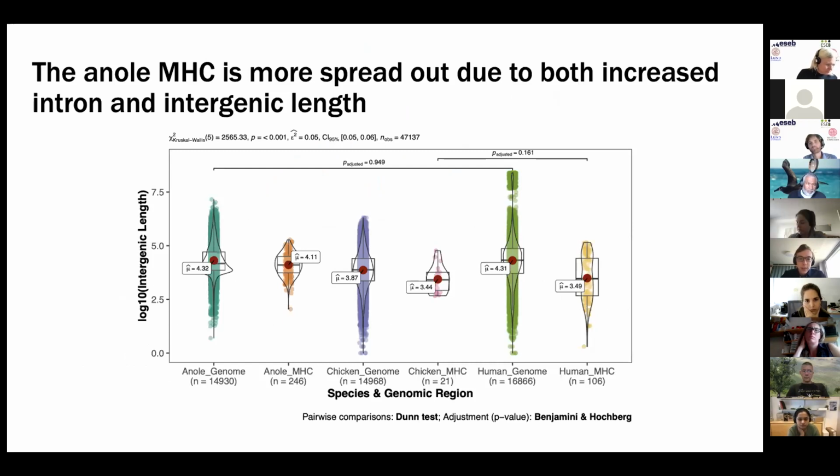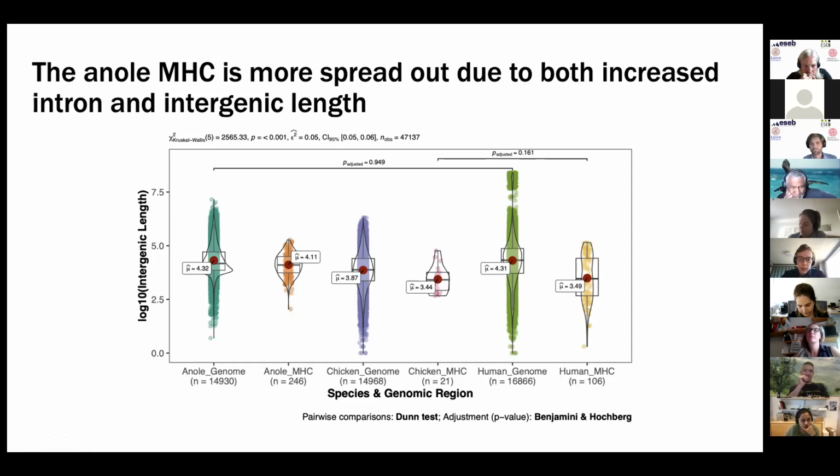This violin and box plot is for intergenic length. To orient you, we have the anole whole genome, anole MHC, chicken whole genome, chicken MHC, whole human genome, and human MHC here. The p-values are shown for only those pairwise relationships which were non-significant, so if you don't see a bar, the comparison was significant.